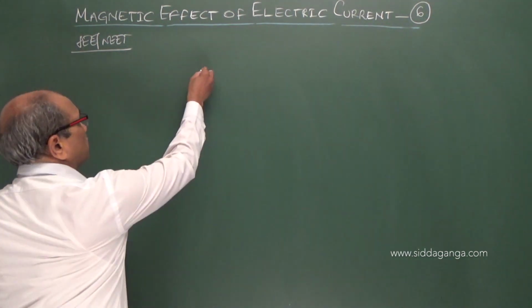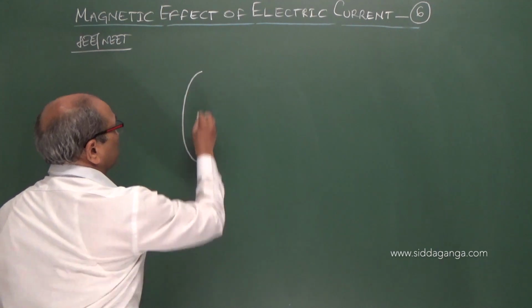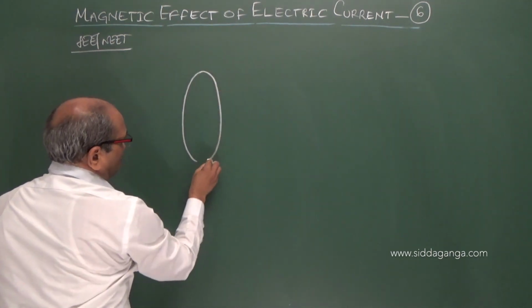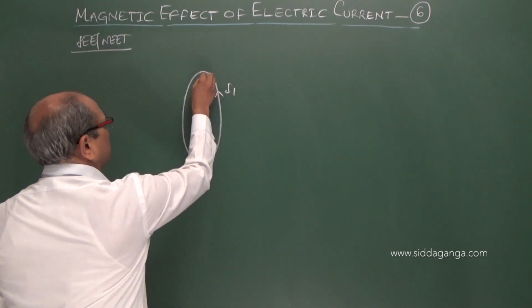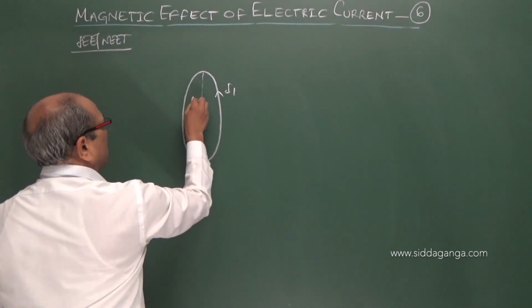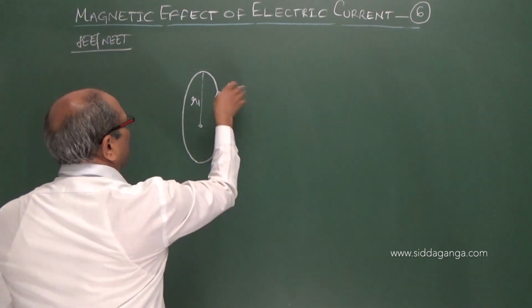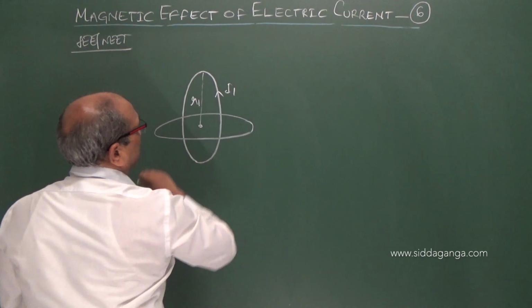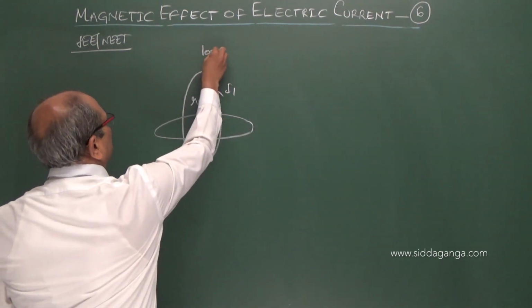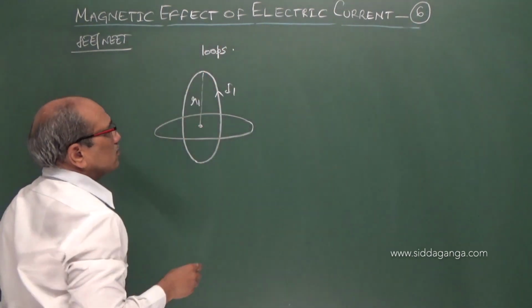Let us take an example. If there are two coils of different radii and currents, this one may be carrying the current I1 and radius R1, and also with this other, two loops instead of coils, I can imagine.